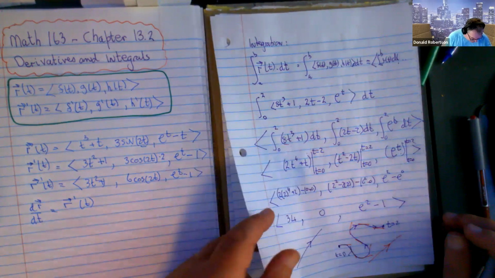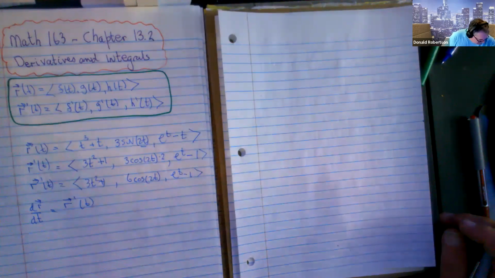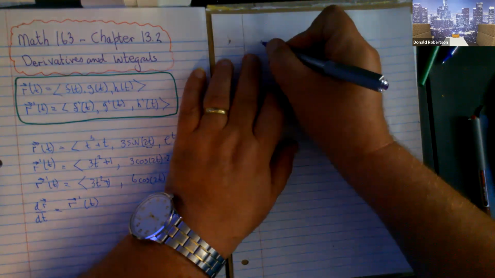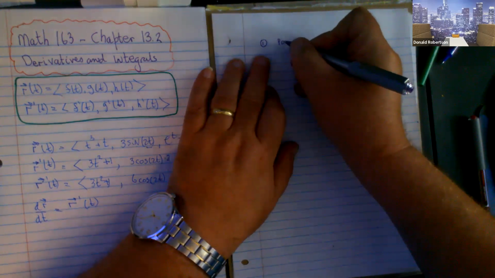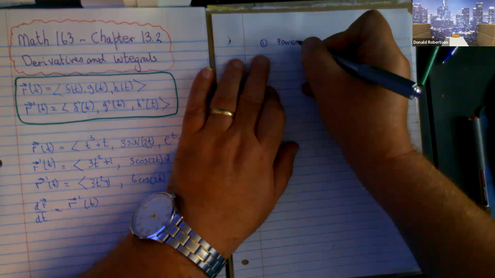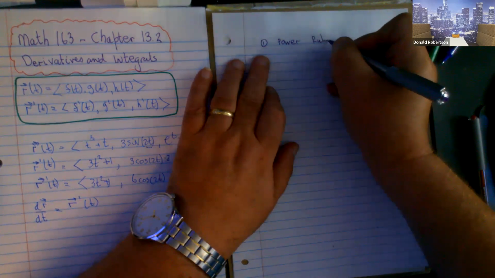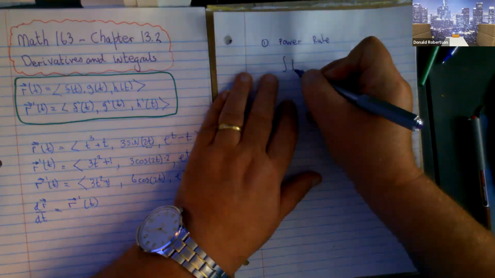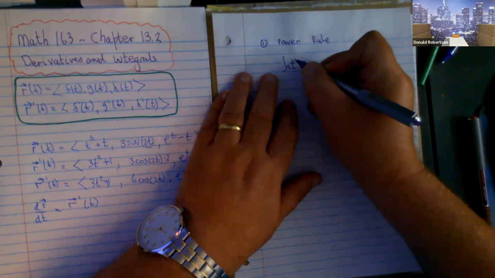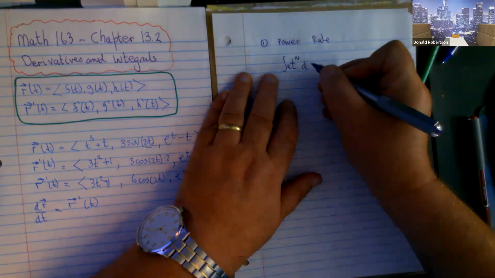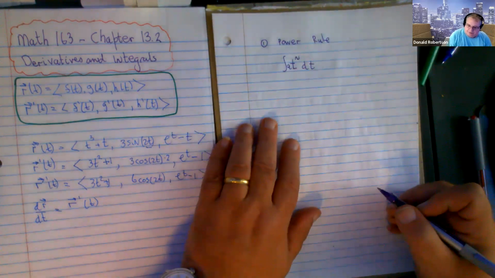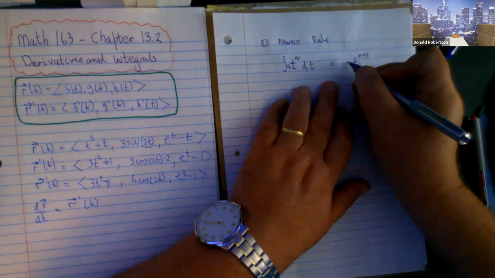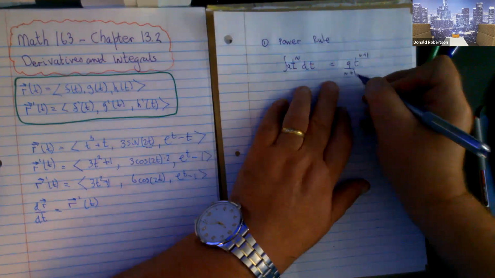Let's do some integration. If you're going to integrate things, the key things to remember are the following. The first one is the power rule. It says if you want to integrate a times t to the power of n, like 5t cubed or 7t to the half, you add 1 to the power and you divide by the new power.